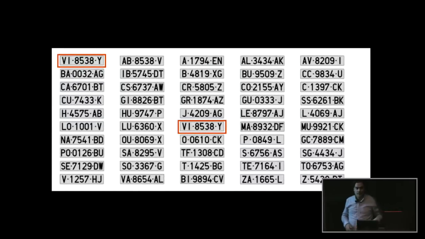And this is my small collection of plates from the cars passing through the video camera. What I did was, well, at that time the scientists in my department were working with the Alhambra survey.